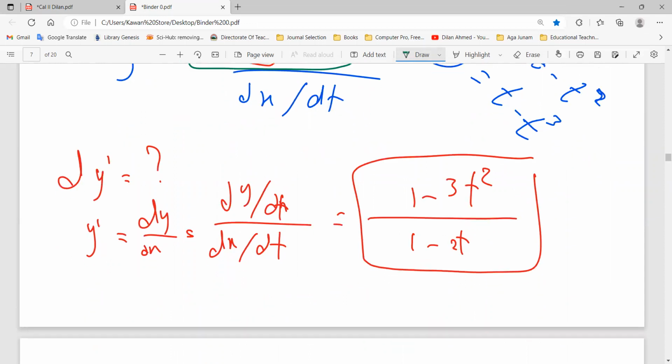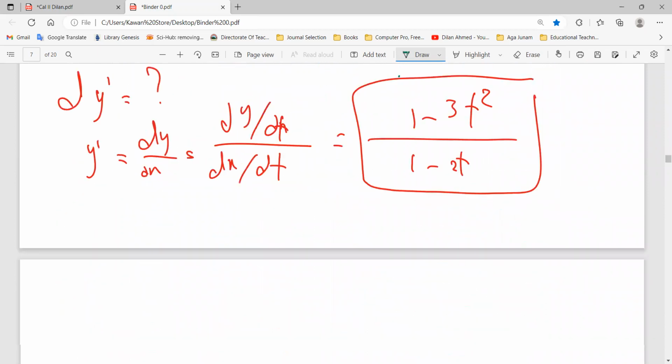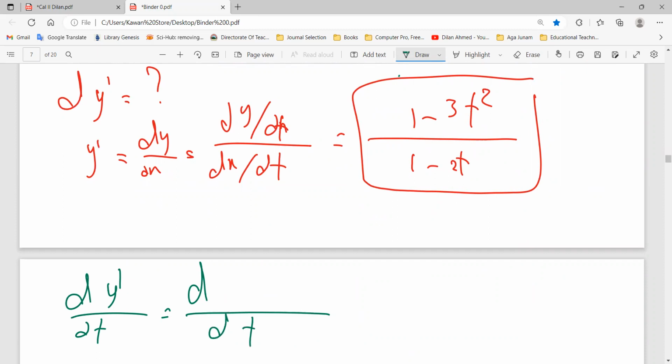So we need to find the derivative of that one, that box, with respect to t. So I say d y prime over dt is equal to d over dt of that box.